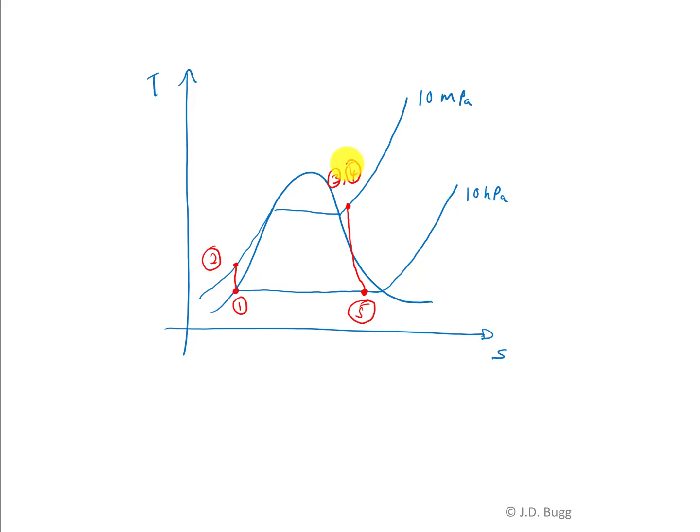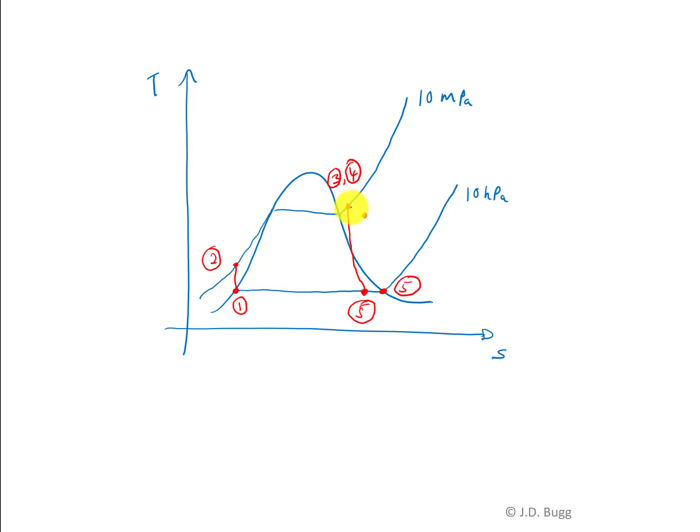Now we adjust the throttling valve by closing it a little bit. The effect on point 5 is to move it over here to the saturated vapor line. So our new point 5 is right there. The turbine is still 85% efficient, so it's still going to move to the right as it moves down. But what's going to happen is point 4 is now going to be down here somewhere.